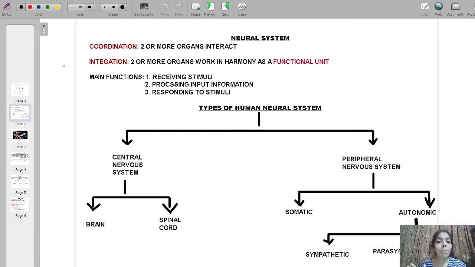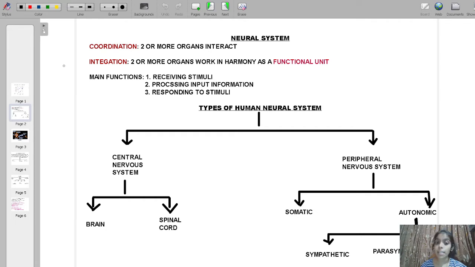We can compare the role of nervous system in a human body, or in any organism's or animal's body, with that of a manager of a company. A manager has to manage all the different departments of a company, and coordinate between them. Same thing goes for the neural system.